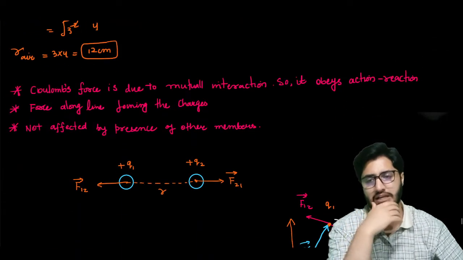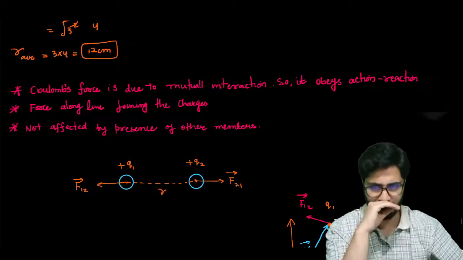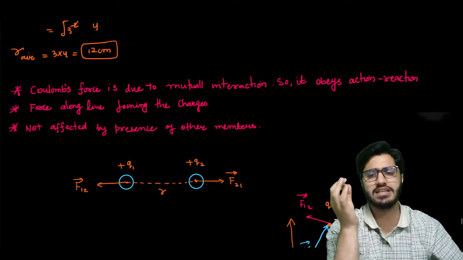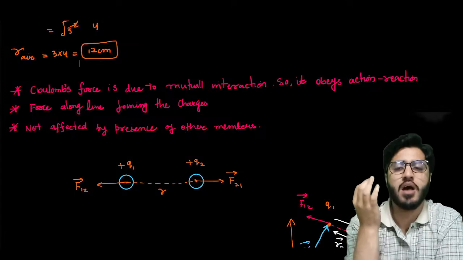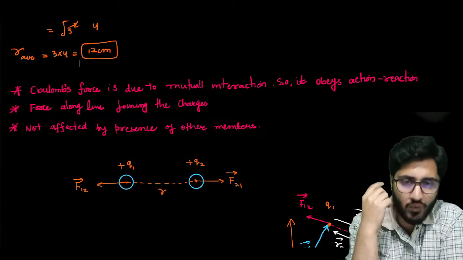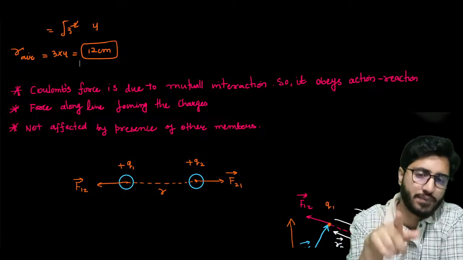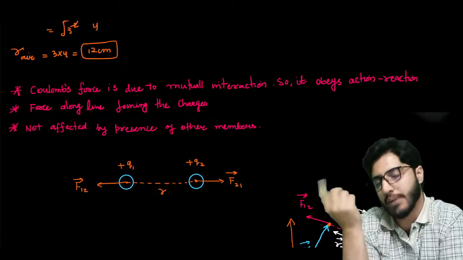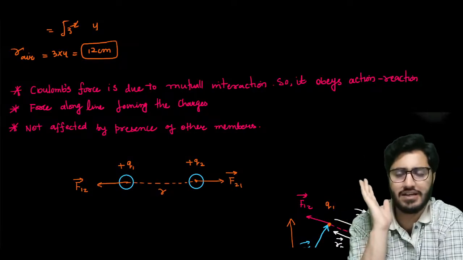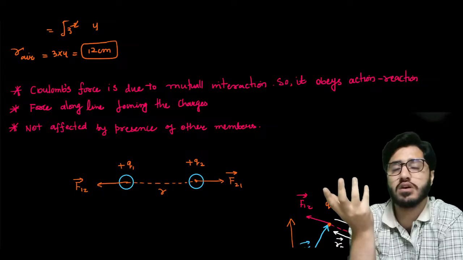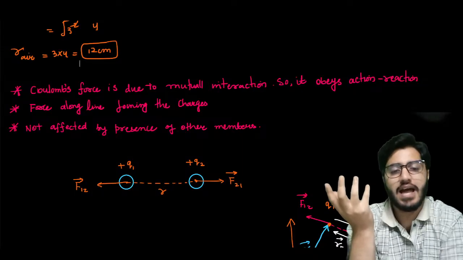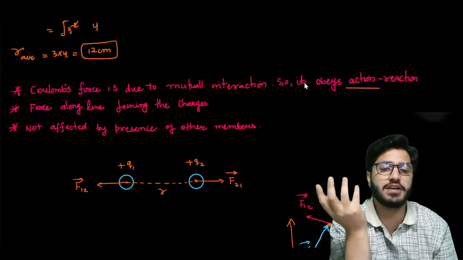Now here, last topic of today's class. Look, Coulomb's law is due to mutual interaction. Mutual interaction means one particle will exert force on the second particle and the second particle will apply force on the first particle, just like Newton's law. It obeys action pair, reaction pair.